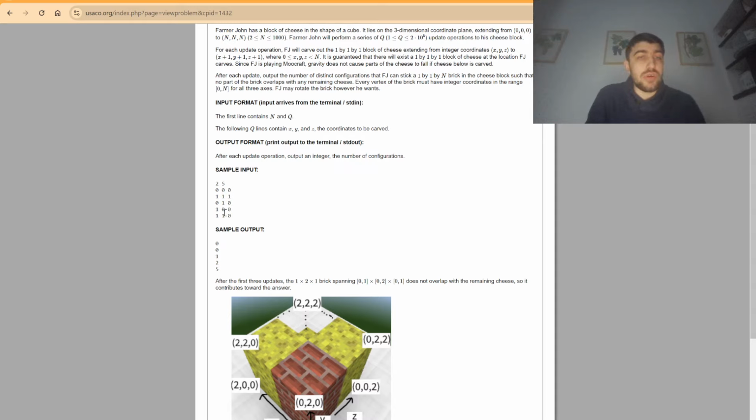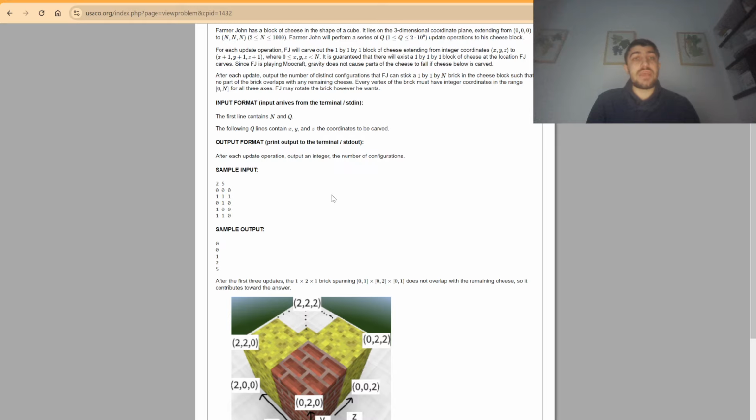And after the fourth day, we will observe the same thing happened with the YZ00, where both of these were removed. And at the end of the fifth day, we will have several new placements for the brick. And it's very important to notice that once we can place a brick in a certain plane, we will be able to place it for the rest of our process.